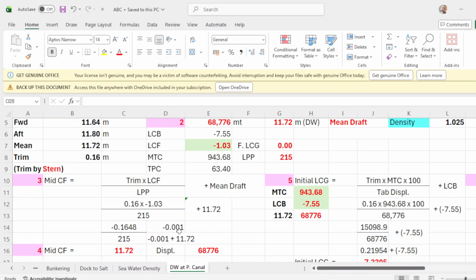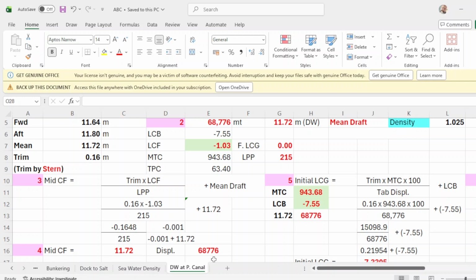That will be negative 0.001. Okay, with this value of negative 0.001 plus your mean draft of 11.72, your mid center of rotation is 11.72.